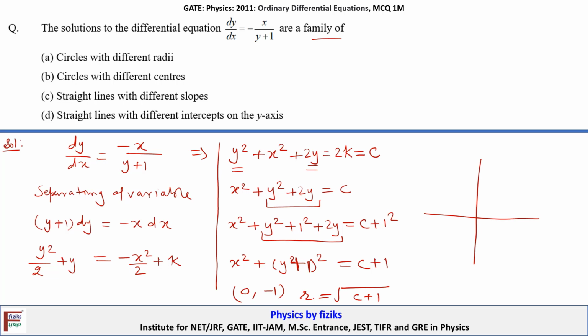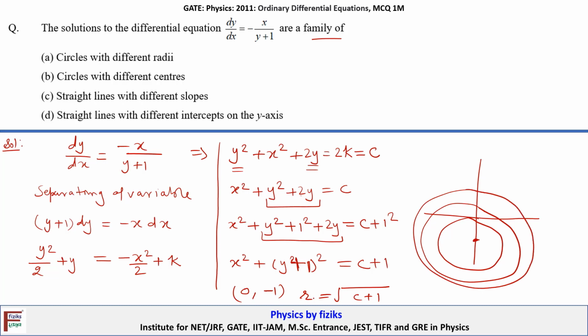Suppose x equal to 0 and y equal to minus 1 is the center of the circle, and depending upon the value of c, if c is 0, then the circle becomes like this, and if c is greater than 1, then the circle becomes larger and larger like this.